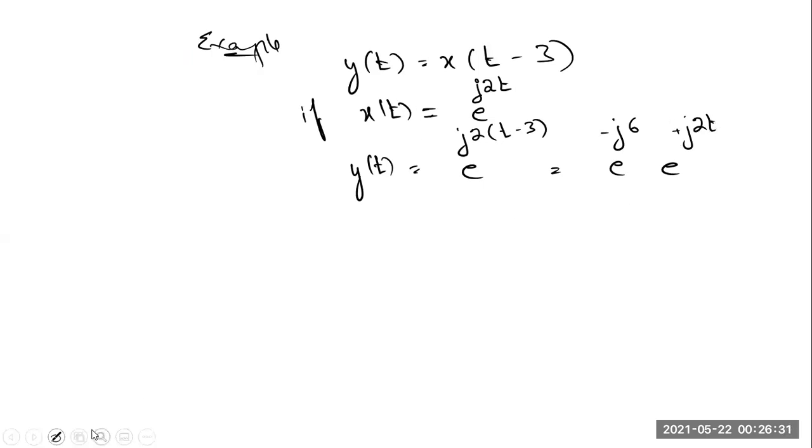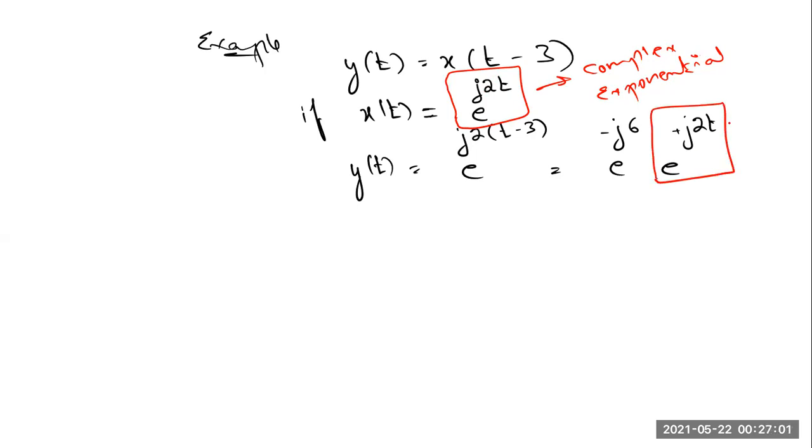So now you can see that we have a very convenient representation for the system output. The input was a complex exponential, and we just proved that a complex exponential is the eigenfunction. So if it is an eigenfunction, the output will also be the same complex exponential. You can clearly see in the output, we have the same complex exponential multiplied by some constant factor.